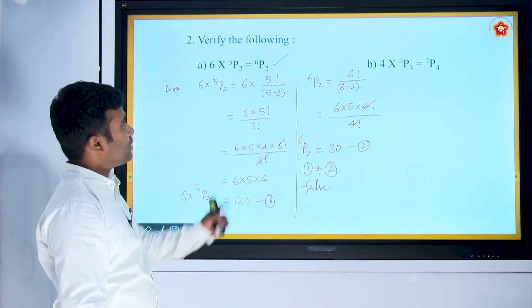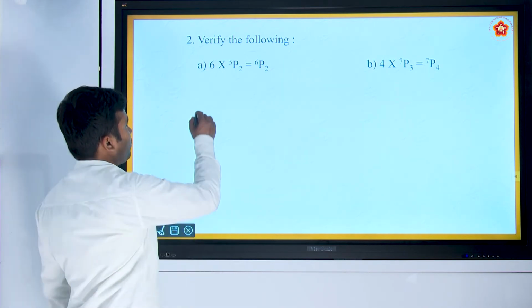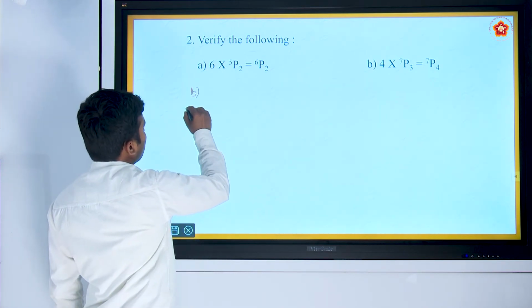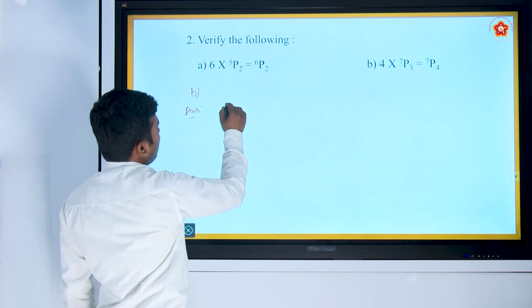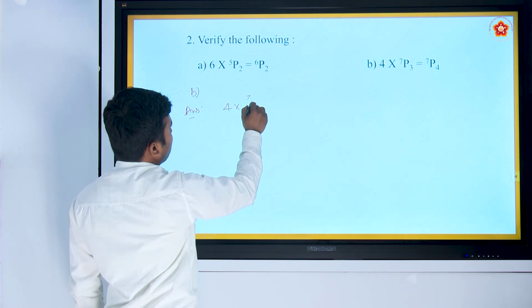So similarly, let us verify the other one, B. Let us take the LHS side, which is 4 into 7P3.